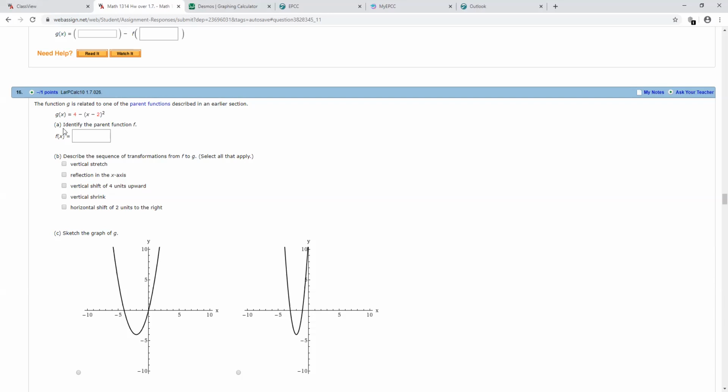You block out the 4, you block out the subtraction of 2, and you block out this minus sign right here, which is really like a -1. So in our minds, we need to think of this as -1 times the function. So this comes from x squared. Is that part okay, Griselda? Yes, sir. So here we're going to put x squared.